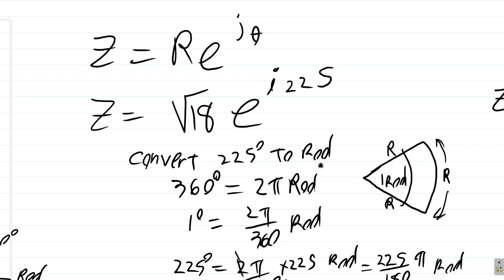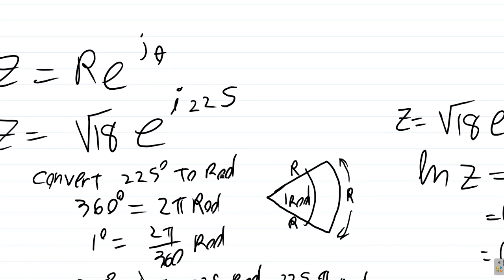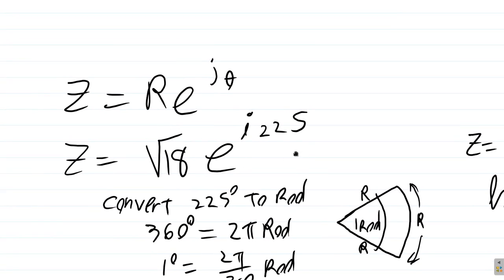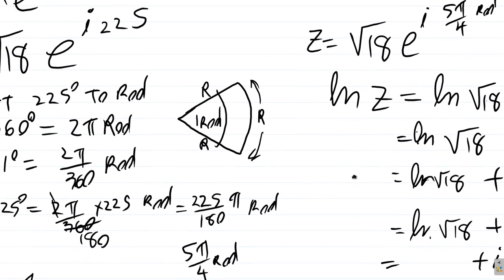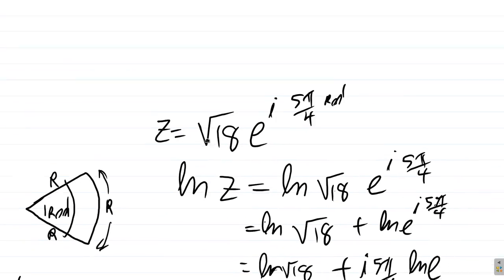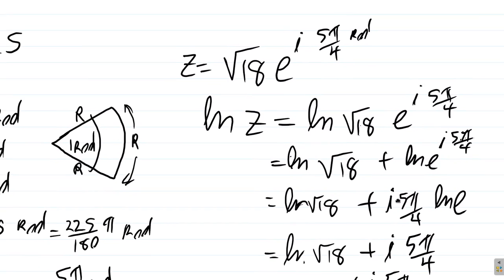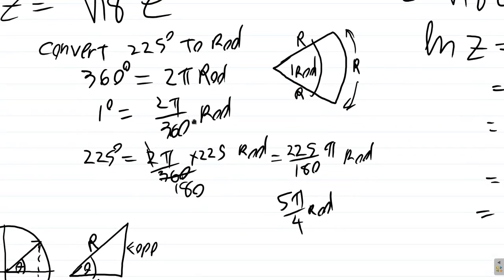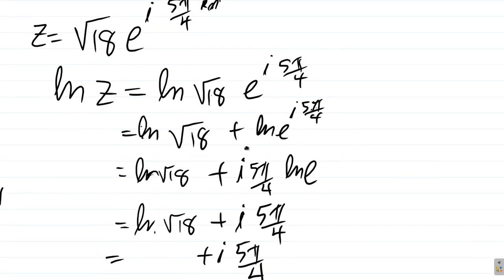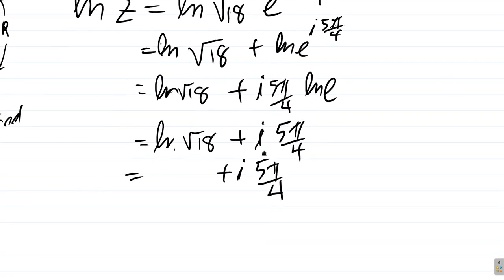So here now we have r e to the i theta, which is the square root of 18 e to the i theta. Then we worked that out to get e to the 5 pi over 4. 225 degrees is the same as 5 pi over 4. So ln of the square root of 18 is 1.445 plus i 5 pi over 4.